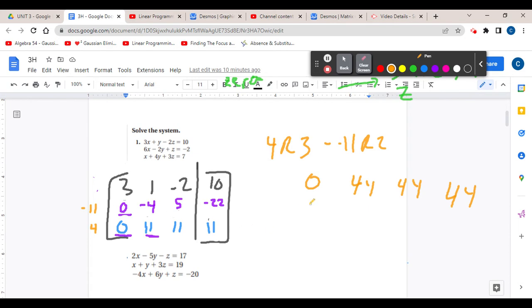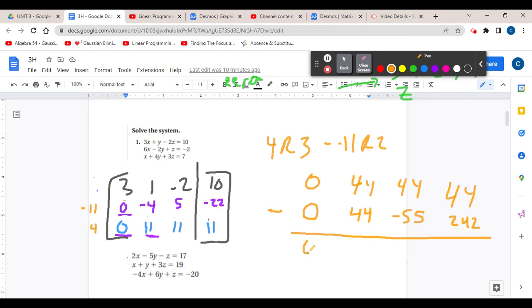So negative 11 by row 2, so we have negative 11 times 0 is 0. Negative 11 times negative 4 is 44. Negative 11 times 5 is negative 55. Negative 11 times negative 22 is going to be 242. All right, so now we'll subtract these bad boys.